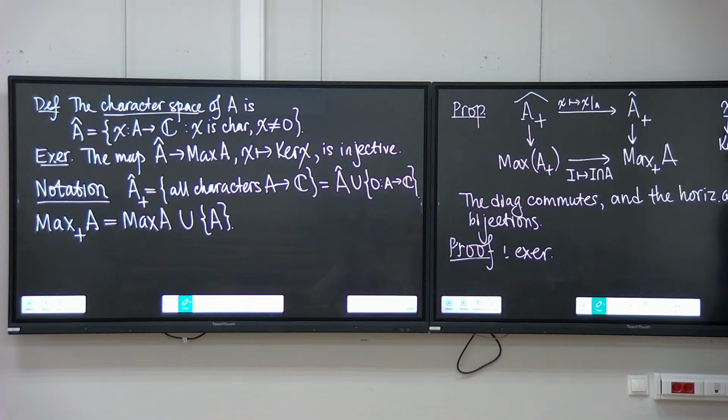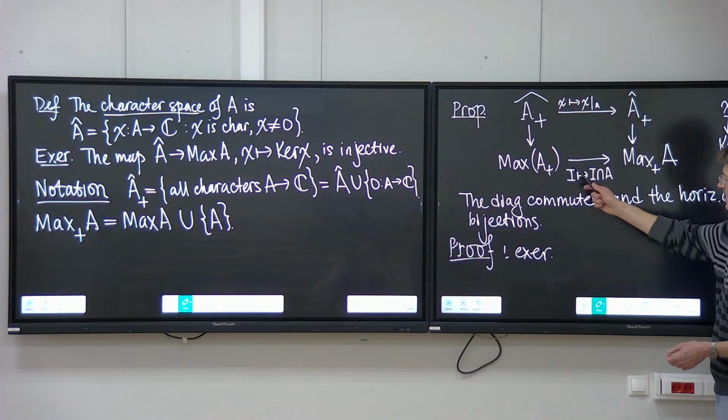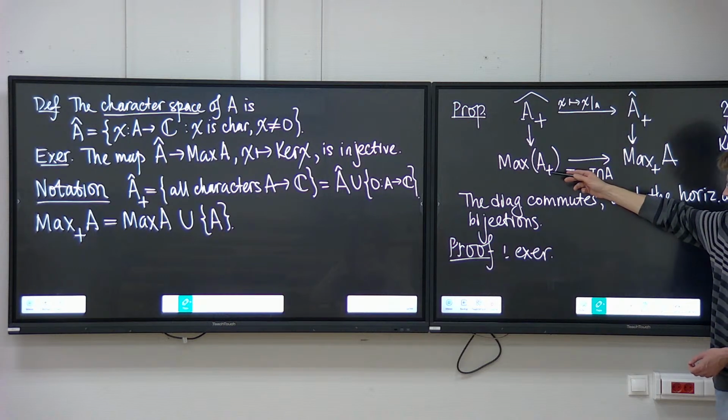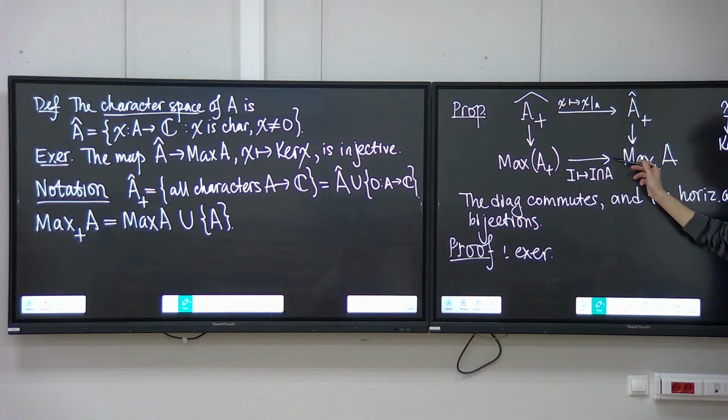What is not entirely trivial here is to prove that the bottom horizontal arrow is, first of all, well defined, so it indeed takes this set to this set. In other words, this intersection is a maximal modular ideal, and that it is bijective.